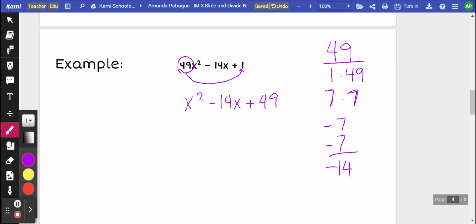So negative 7 plus negative 7 is negative 14. And if I multiply them, negative 7 times negative 7 is a positive 49, which is what I needed. So I go, okay. And I know I took a long way for this, and it's not usually this long, but just in case. So I put those minus 7s over here. I'm finished with my slide part.